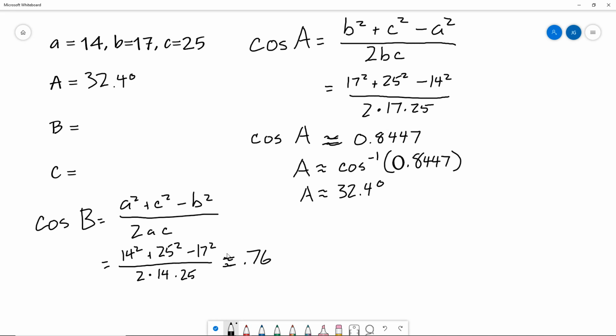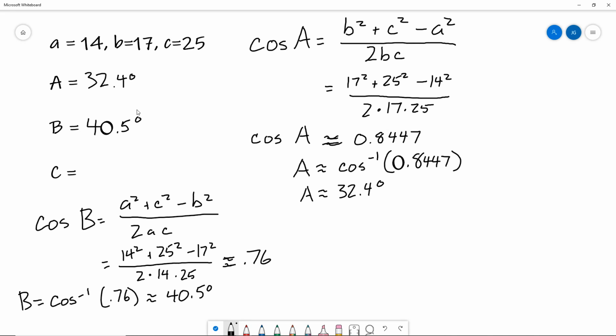And then taking the inverse cosine of 0.76, that will get me an angle that is approximately 40.5 degrees, which is what our value for B is. Okay, popping that up here.